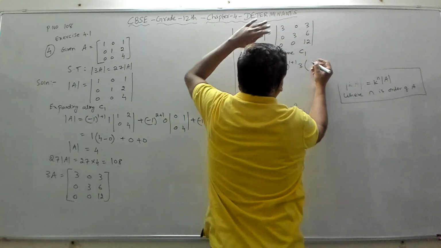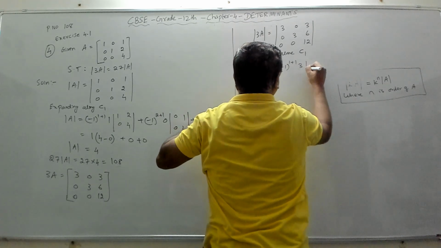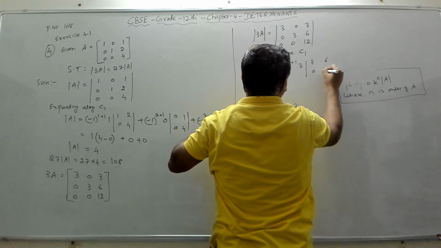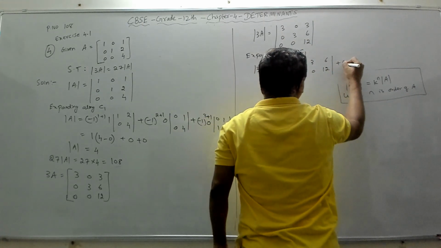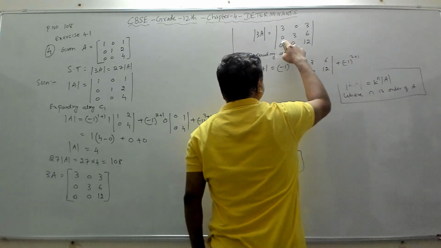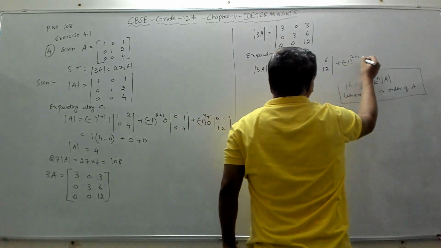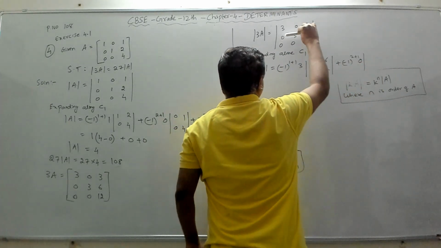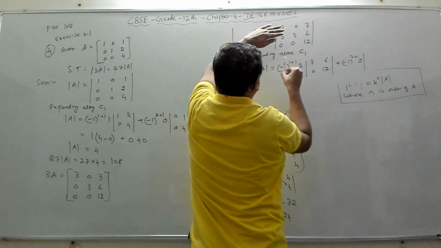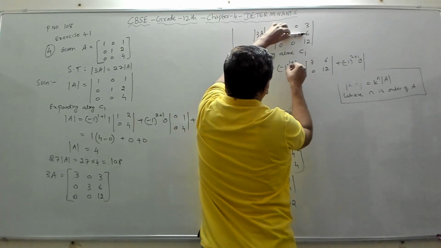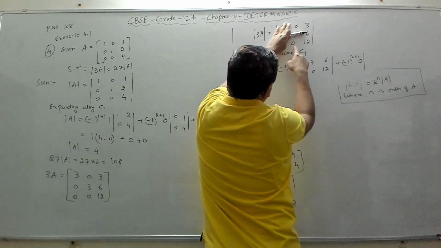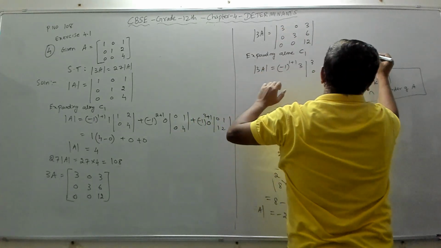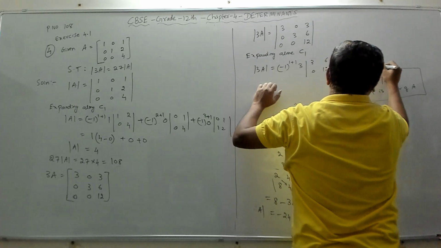Then this one is plus minus 1 power 2 plus 1, where the position is A21. Again 0 into the determinant of 0, 3, 0, 12.